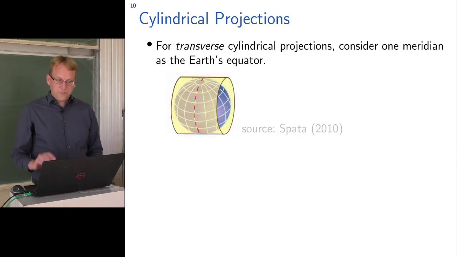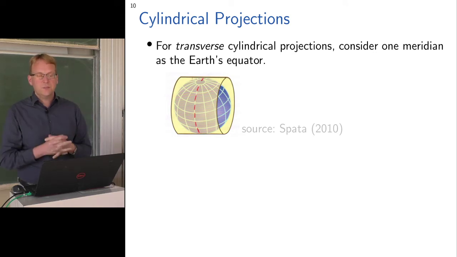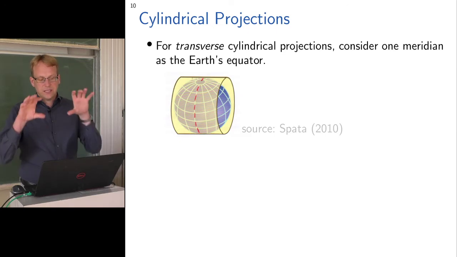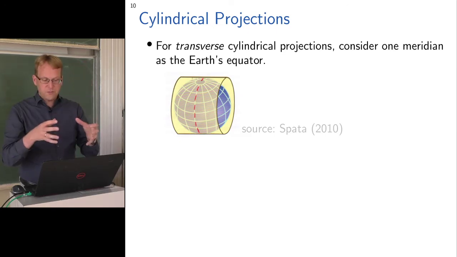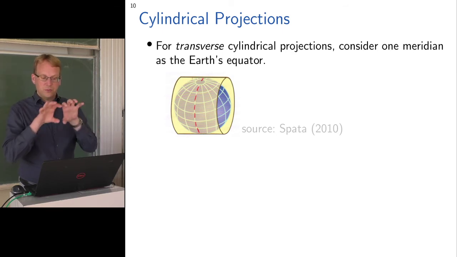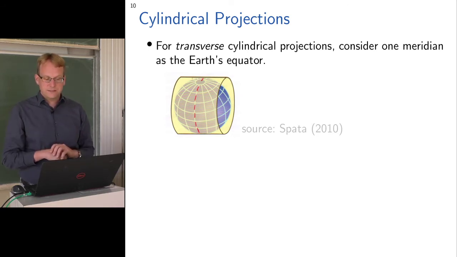So what is important? These cylindrical projections exist not only in this normal position, but also as these transverse cylindrical projections. So there we wrap this cylinder not from top to bottom over the Earth, but we put it to the Earth such that this cylinder touches the Earth's surface in one of these meridians.